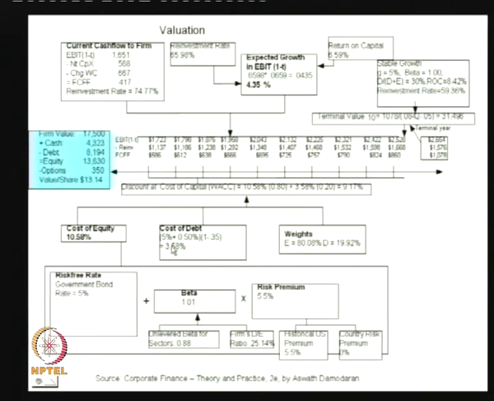We have got 3.58% as the cost of debt, 10.58% as the cost of equity, and 80.08% as the weight of equity, then 19.92% as the weight of debt. Applying that, you have got 10.5% cost of capital.